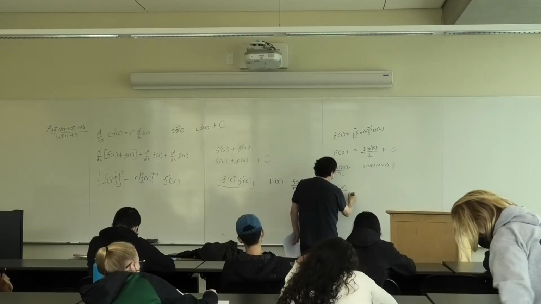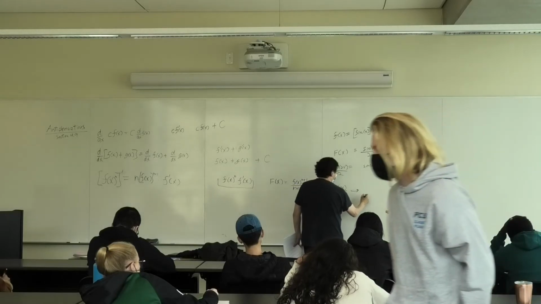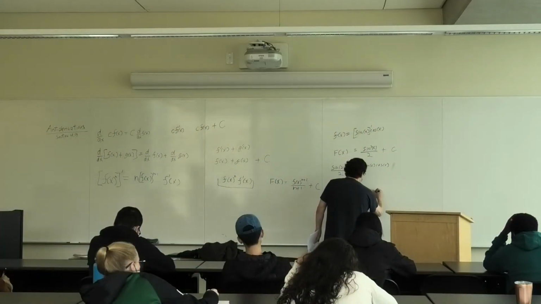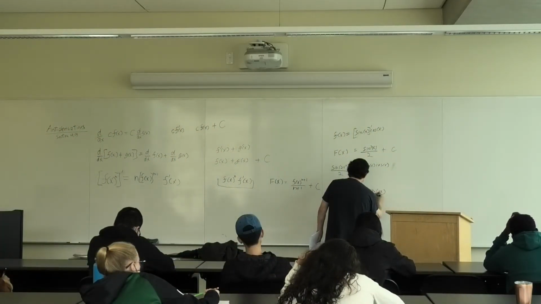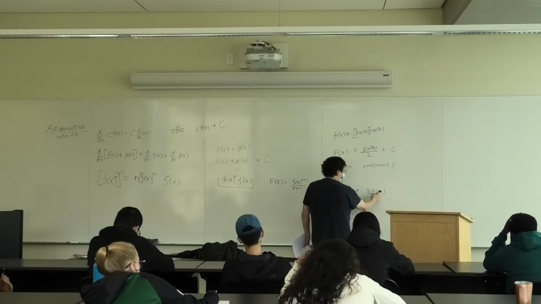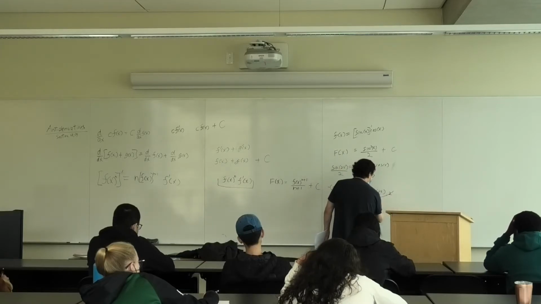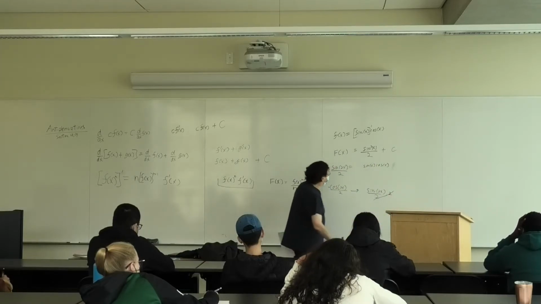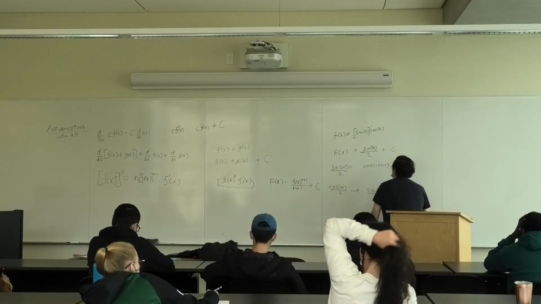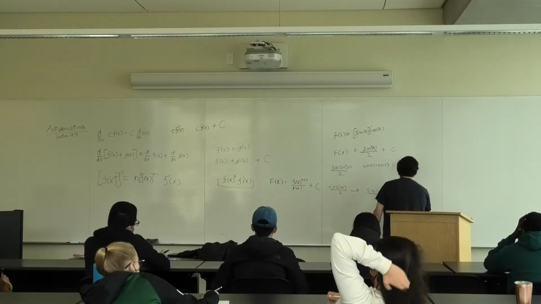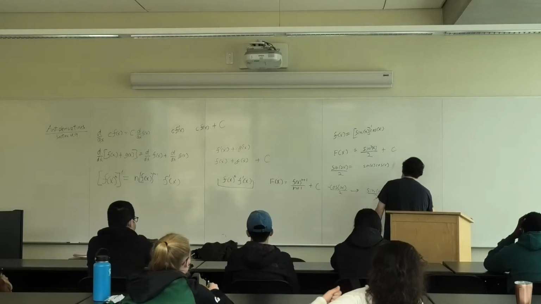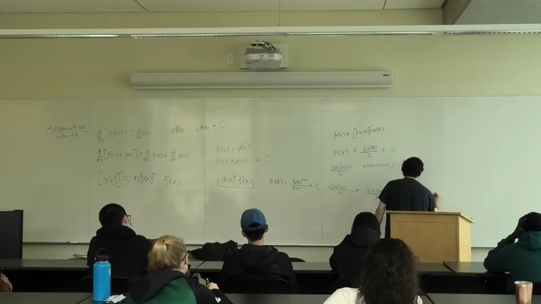So my signs are going to go away. So I'm going to get sine of 2x over 2 times 2 because of the chain rule. So now I come to the conclusion that my antiderivative is sine of 2x plus c.